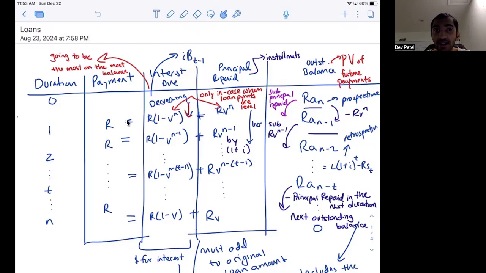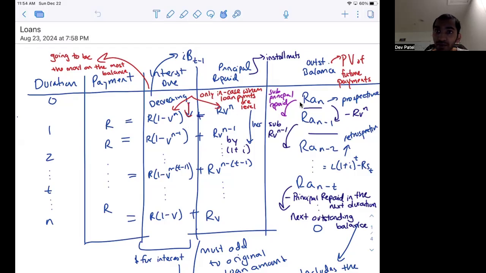The other thing that always holds true, no matter if you have level payments or non-level payments, is that the interest due will always equal the interest rate times the previous outstanding balance.